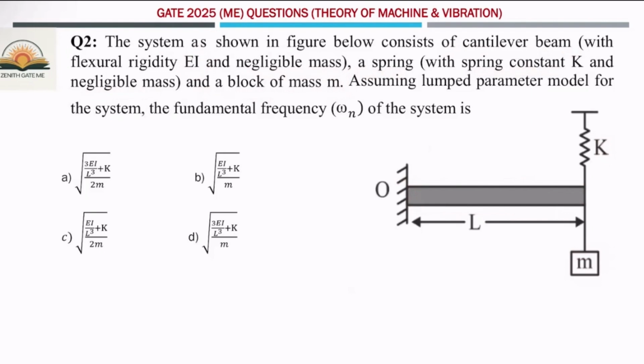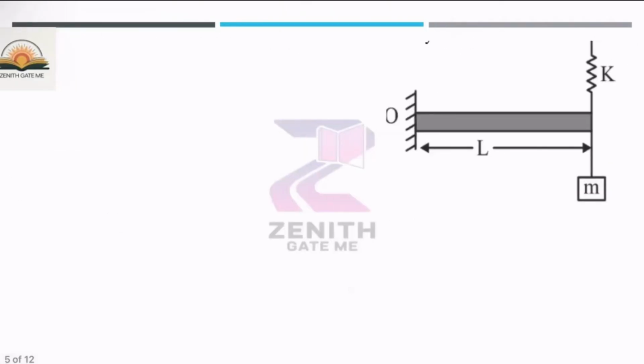Assuming lumped parameter model for the system, find the fundamental frequency, that means you have to calculate the natural frequency in this particular case. Okay, so how will you solve this problem? The natural frequency, you know that it is the square root of equivalent stiffness divided by the mass.